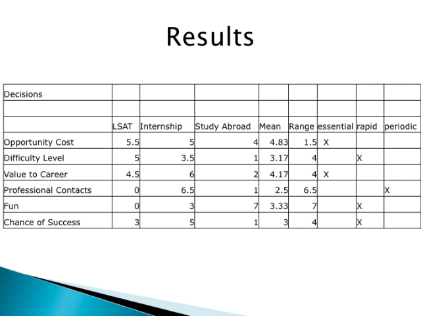However, if you take a look, you can see that in the boxes underneath the columns labeled LSAT, internship, and study abroad, we have numbers 0 to 7, and those numbers are the average of the ratings given by both Anna, our decision maker, and an outside expert. Those averages are then averaged together to come out with a mean, and we also find a range. And from that mean and range, we can classify whether each factor in the decision is an essential factor, a rapid factor, or a periodic factor.